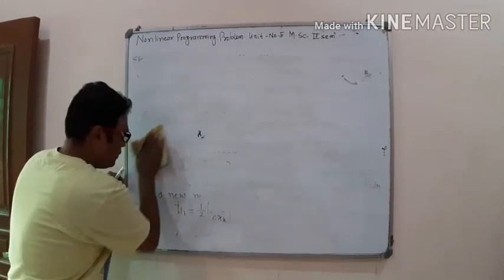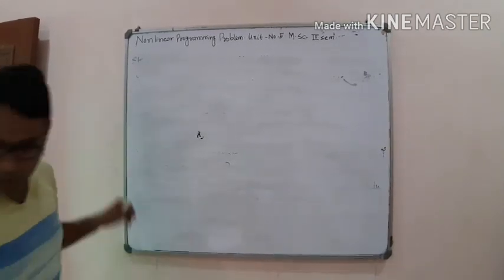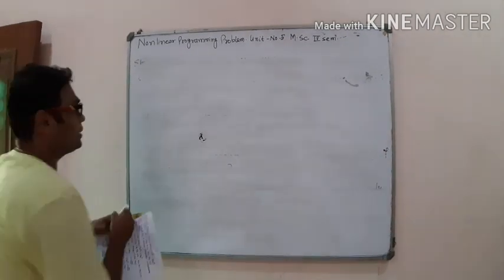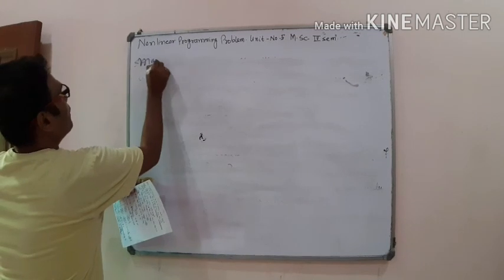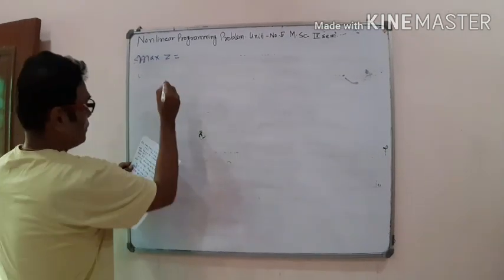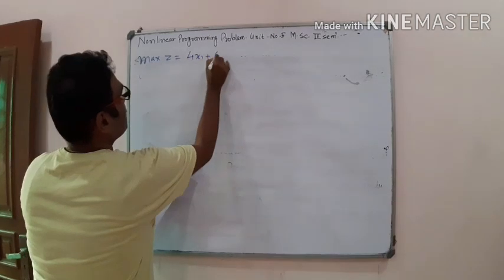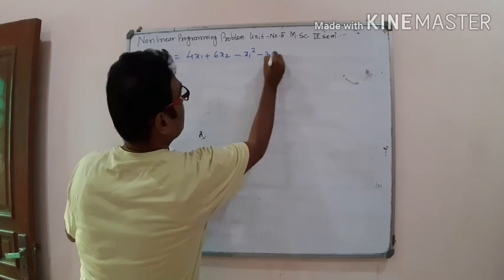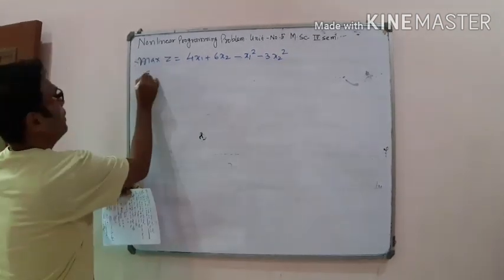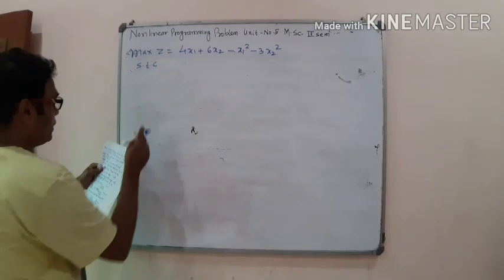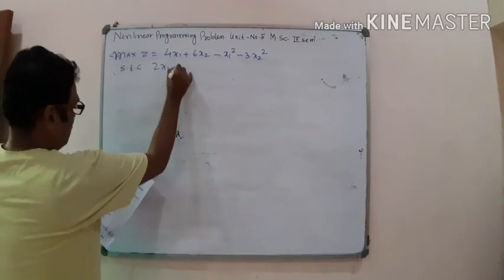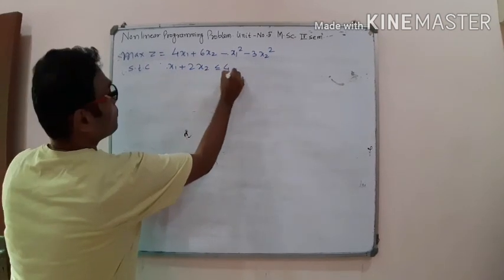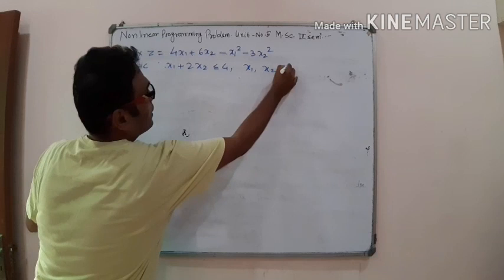Our numerical example is very simple. We take the maximization of z equal to 4x1 plus 6x2 minus x1 square minus 3x2 square, subject to the constraint x1 plus 2x2 less than or equal to 4, with x1 and x2 greater than or equal to 0.